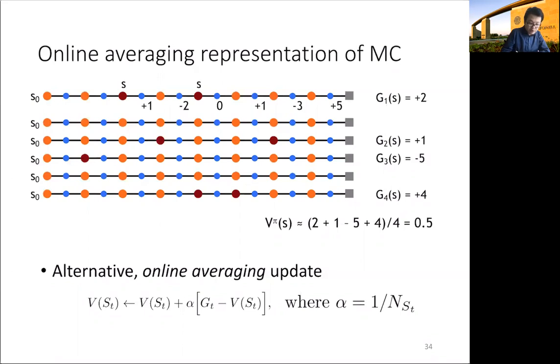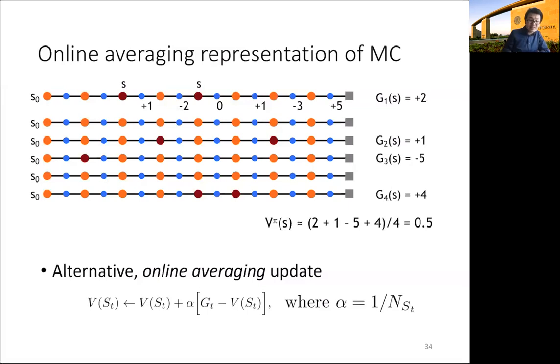After trajectory 1, we're just outputting +2. After trajectory 2, we're outputting the average value of G1 and G2. And after the fourth trajectory, we can output the average of all trajectories that we've observed so far, which have started from S at any given point, right?